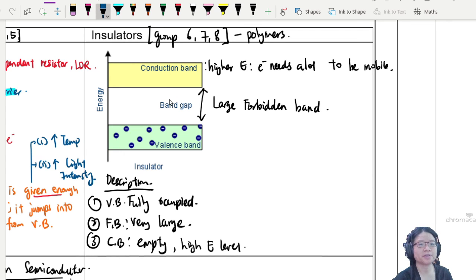And because of this, if you want to explain that, you will say that the forbidden band is too large or the conduction band is too far away from the valence band.